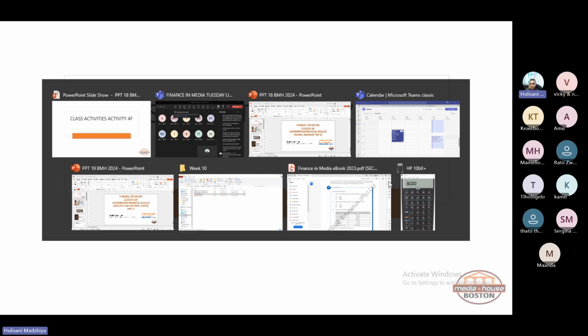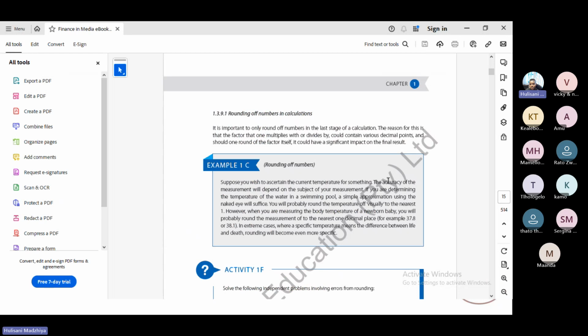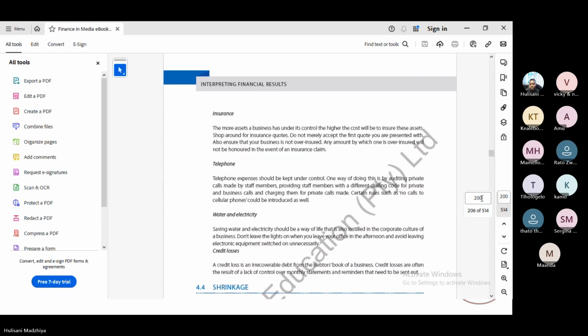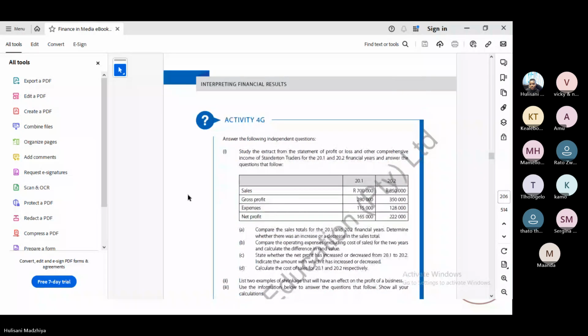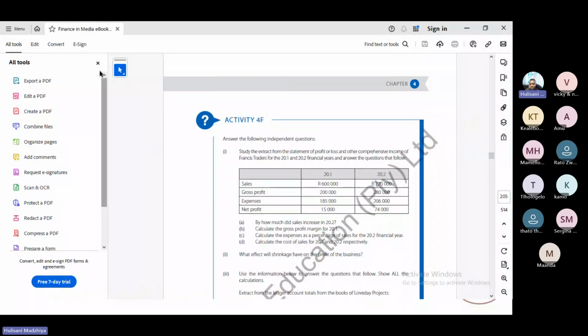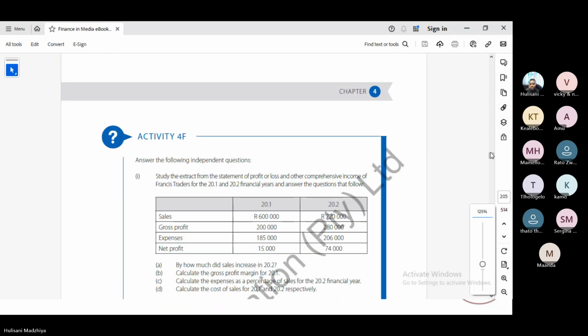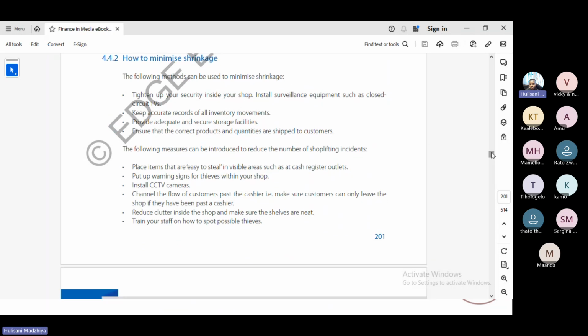Activity 4F is what I just want us to take a look into. I'll try to zoom in a bit.